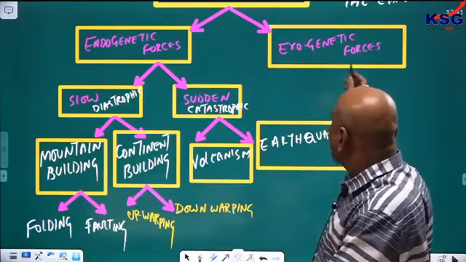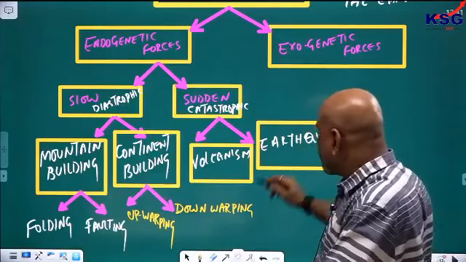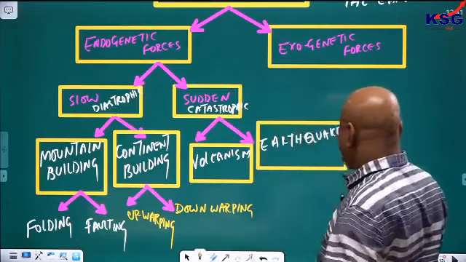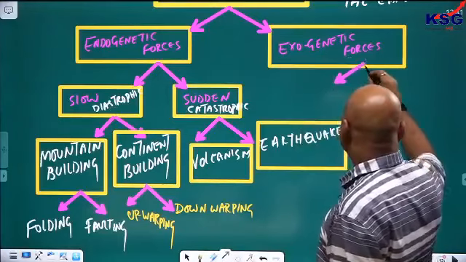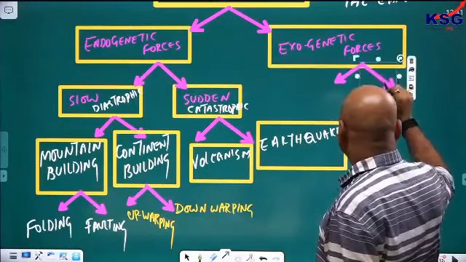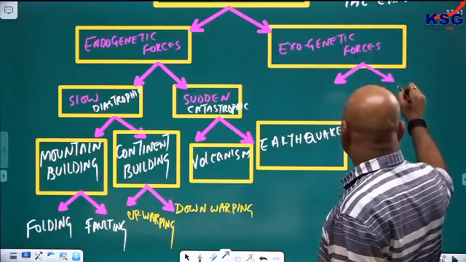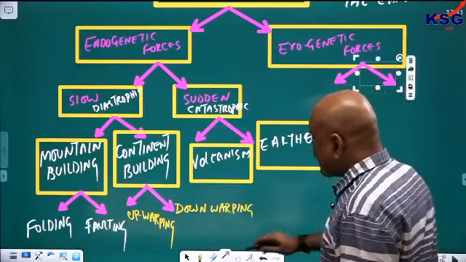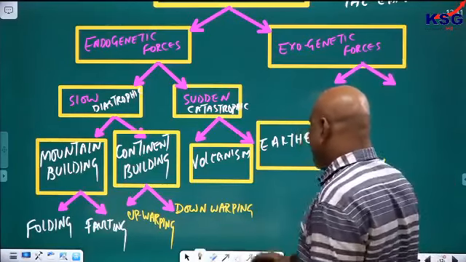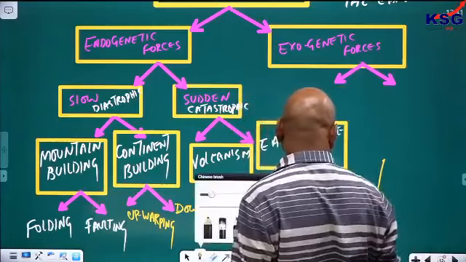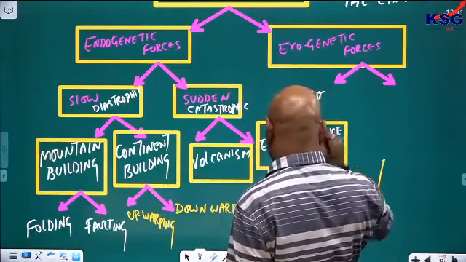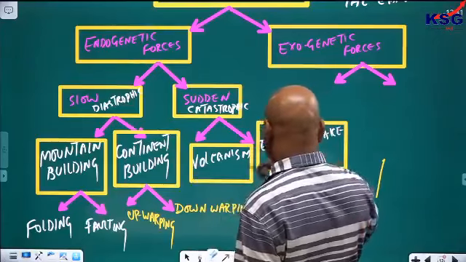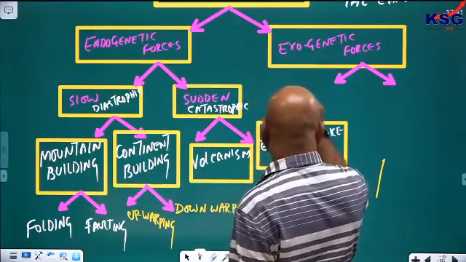Now I have just tried to give you some idea about this. Exogenetic forces are powered by the sun. Okay, in exogenetic forces you have processes. They are mostly destructive forces. It can be erosion, weathering and erosion.